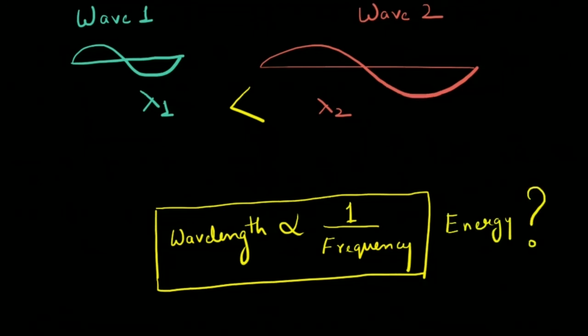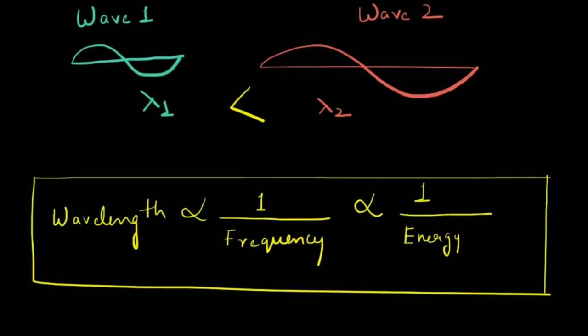And what about energy? Just like the previous example of the father and kid's race, the kid had more energy, hence the wave with the shorter wavelength will have more energy. So we can say that frequency and energy are directly proportional to each other, whereas both are inversely proportional to wavelength.